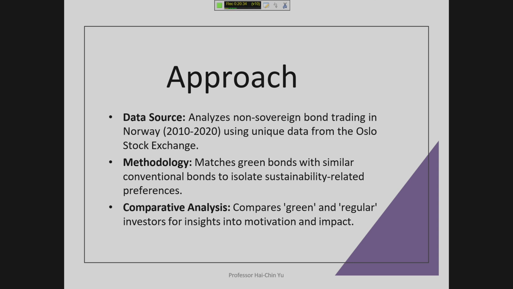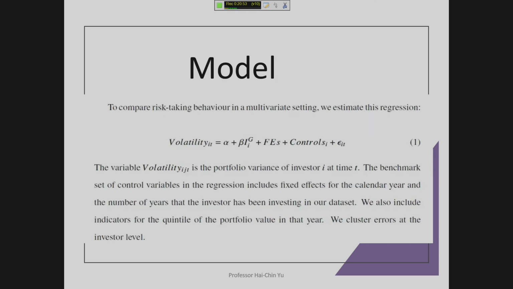So there is some comparative analysis. So compare green bonds and the traditional regular bonds for insight into motivation and impact. Before we understand the matching methodology, we can see the empirical model here. So the baseline empirical model, the dependent variable is not pricing, not greenium, it's volatility.